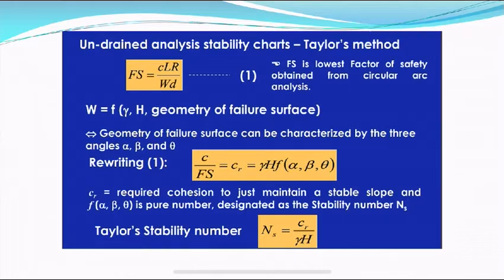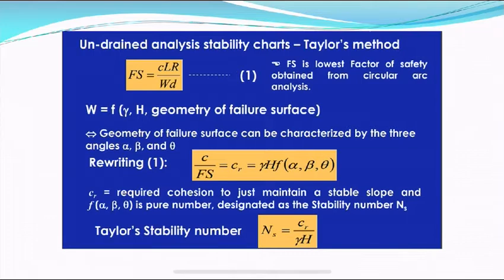By rearranging the terms, C by factor of safety is written as C R equal to gamma H into a function of alpha, beta, theta, where C suffix R is nothing but the required cohesion of the soil just to maintain a stable slope.